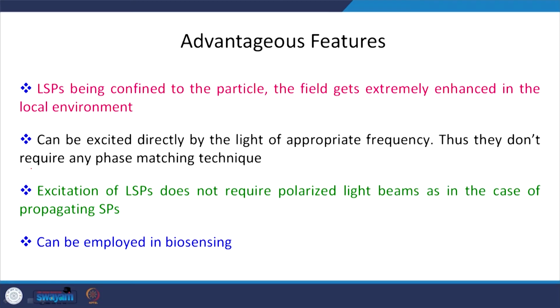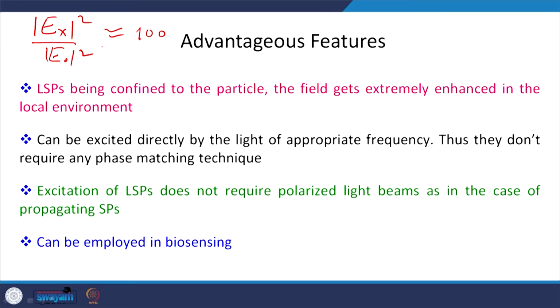That was happening in propagating surface plasmons also. You were getting an enhanced electromagnetic field of about 100 times. If you remember, Ex square is of the order of about 100 times E0 square, where E0 is the incident electric field.